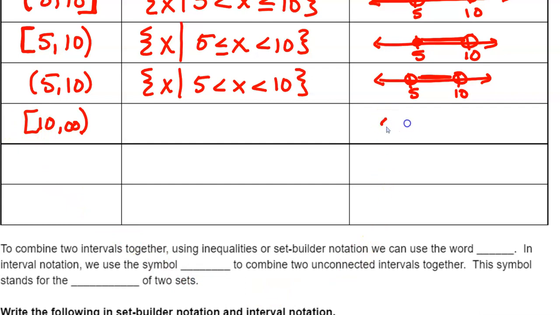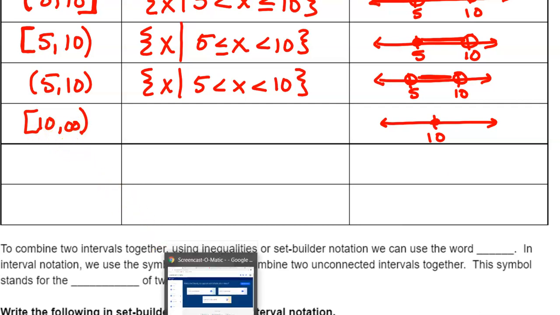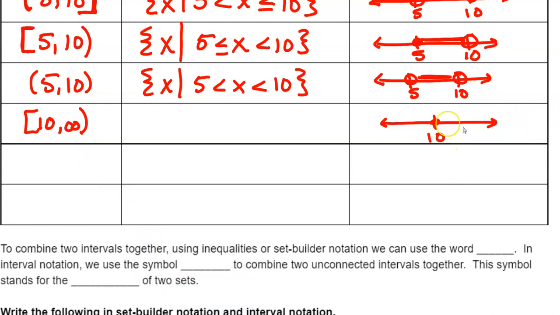So if I'm going to do the number line, I'm going to graph 10 and just put 10 there. I'm including 10 because I have that bracket, so I need a solid circle at 10. Now, it means I'm going from 10 to infinity. Where is infinity? Infinity is all the way to the right. So as far as I can keep going, the graph of this looks like that.